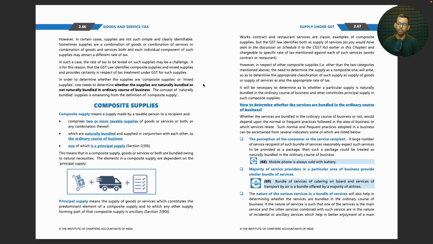The perception of the consumer or the service recipient. If a large number of service recipients of such bundle of services reasonably expect such services to be provided as a package, then such a package could be treated as naturally bundled in the ordinary course of business.